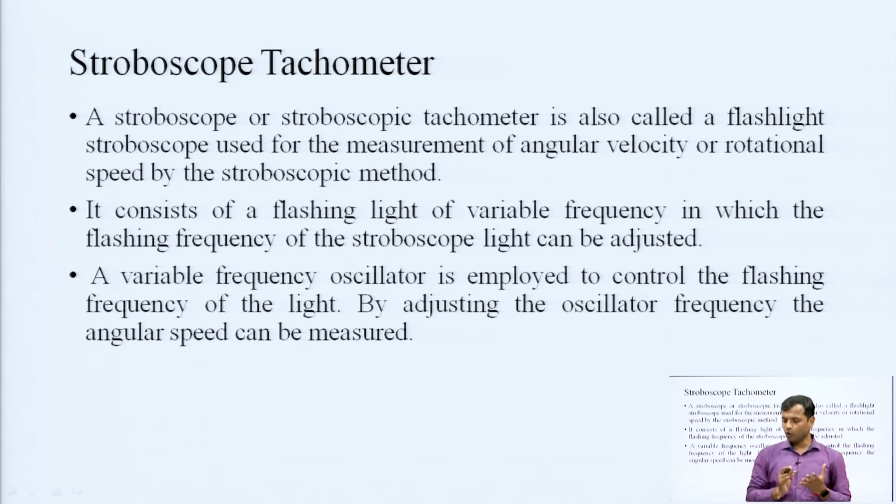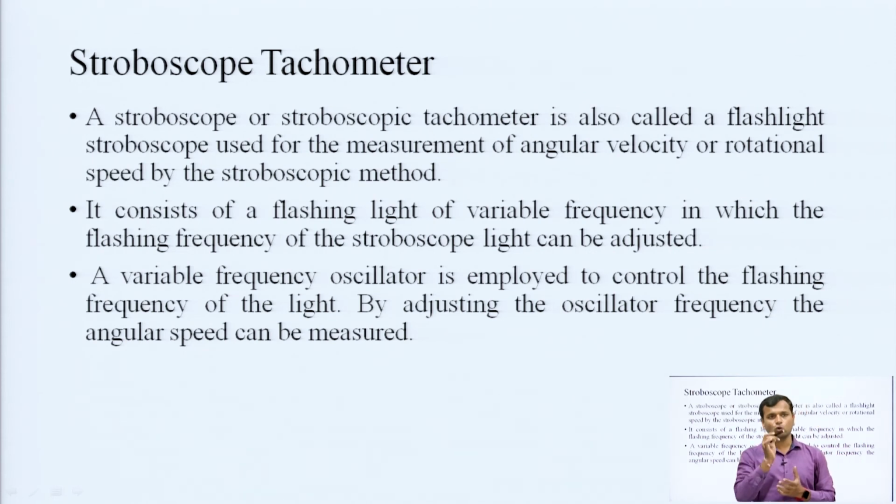A stroboscope, or the stroboscopic tachometer, is also called a flashlight stroboscope, because we use a flashlight arrangement in the stroboscope for the measurement of angular velocity or rotational speed by the stroboscopic effect. It consists of a flashing light of variable frequency, in which the flashing frequency of the stroboscope light can be adjusted.